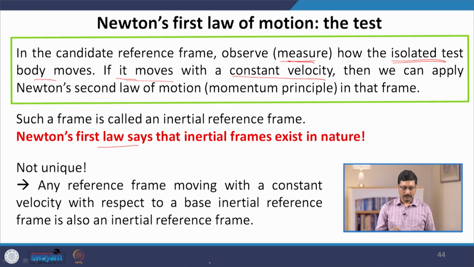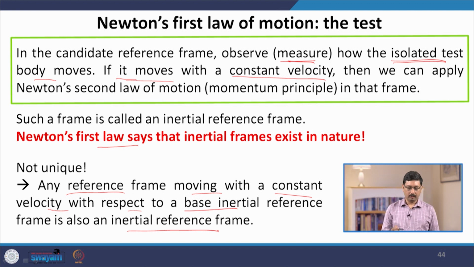Now, note one thing: there is no unique inertial frame. If you can identify one inertial frame, let us call that a base or reference inertial frame, then any reference frame moving with a constant velocity with respect to your chosen inertial reference frame is also an inertial reference frame.